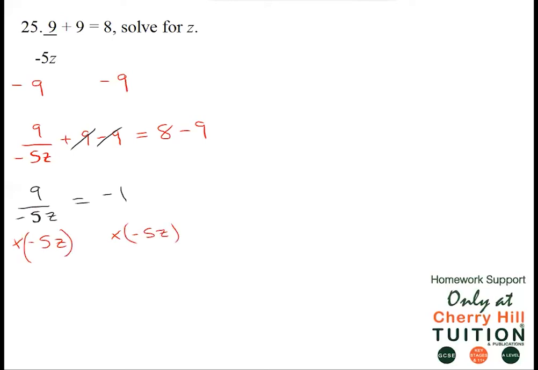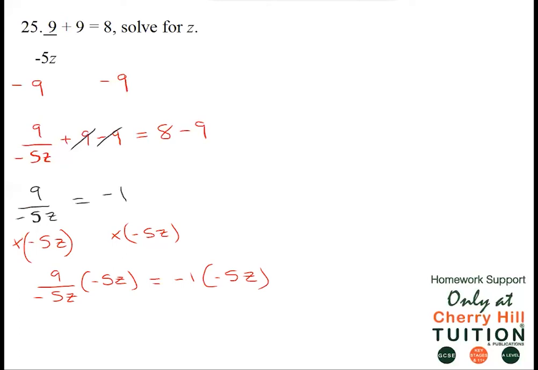This leaves us with 9 over minus 5z multiplied by minus 5z is equal to minus 1 multiplied by minus 5z. Okay? Now all we've done is we've multiplied everything by minus 5z in order to get rid of this divide by minus 5z, leaving us with no fractions.